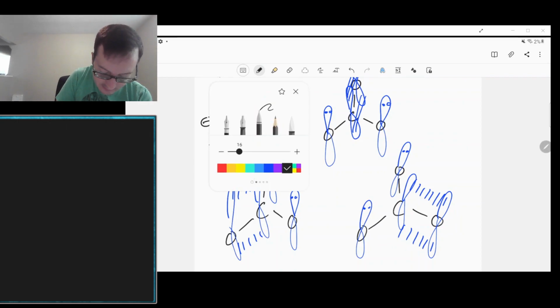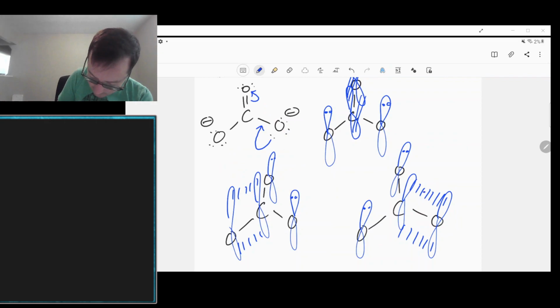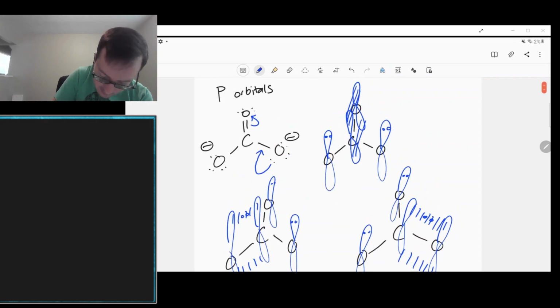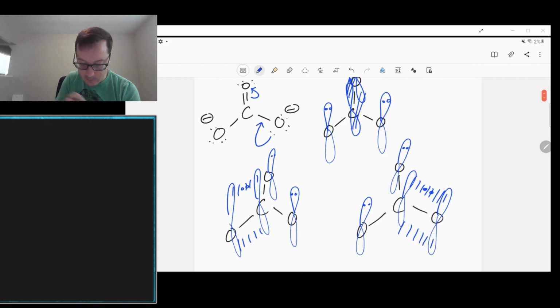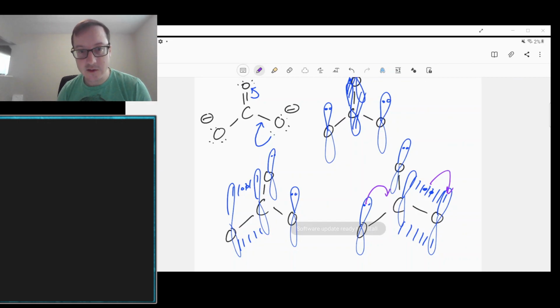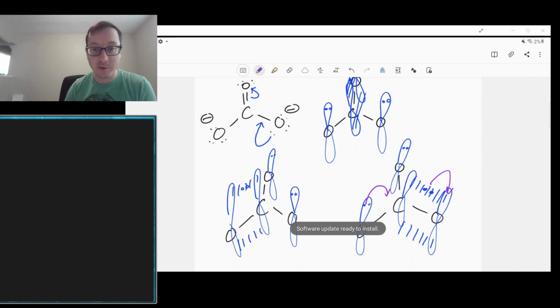Remember, a pi bond is still 2 electrons, so we really have 2 electrons hanging out in all of these pi bonds. So we have 6 electrons overall, and we're able to redistribute them as we see fit. We can say, I'm going to move this lone pair to form a bond, and I'm going to move this lone pair to go into that p orbital of oxygen. We can do that. That's resonance, right? We're just rearranging double bonds and lone pairs.